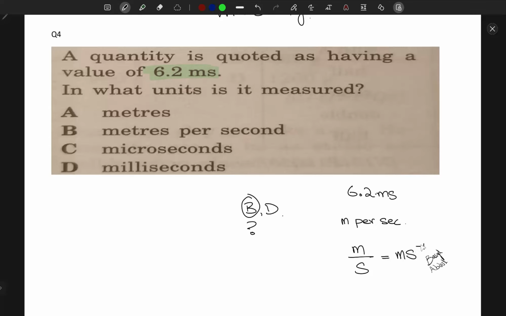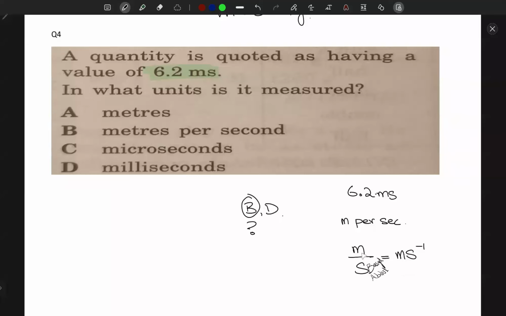Yes, sir. Okay. Now, do you still think it should be B? Should the answer still be a B? No, sir. Right. So maybe your confusion was in this thing.